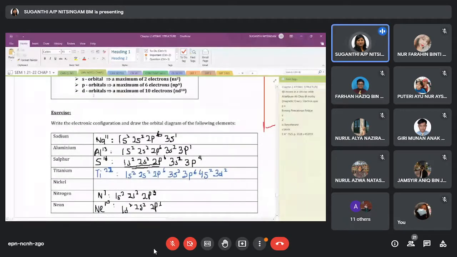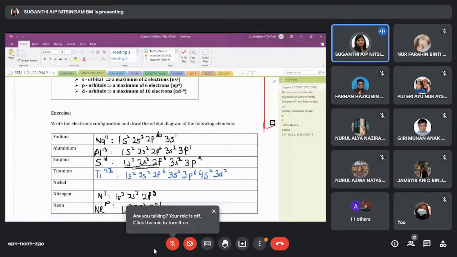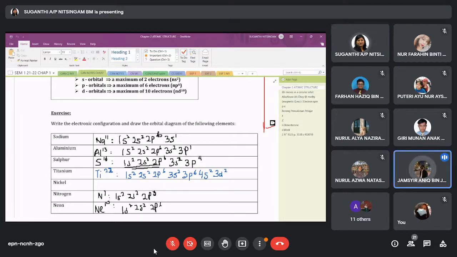So must always remember S maximum 2 elektron, P kalau 6 and D 10. So apa Aufbau kata? Saya dah ajarkan. What did Aufbau say? Mr. Jamshir, what did Aufbau say? Aufbau says electrons fill atomic orbitals with the lowest available energy before occupying the higher level.